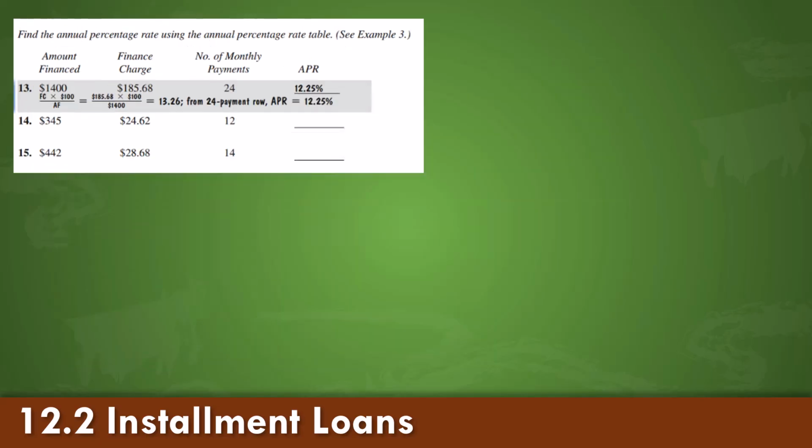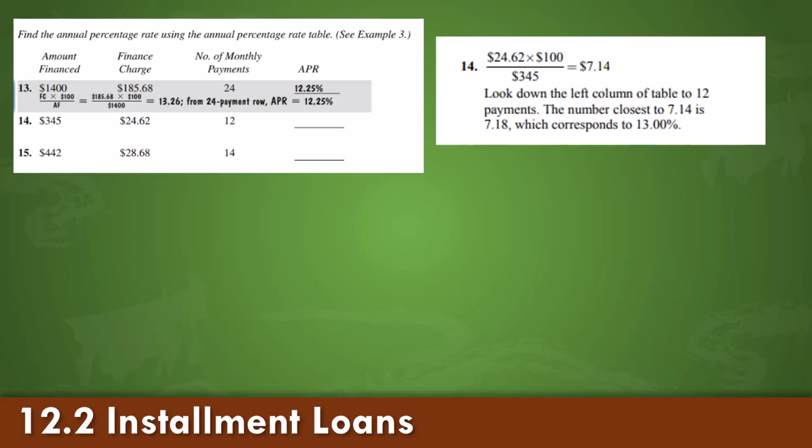In 12.2, we also discussed finding the annual percentage rate using the annual percentage rate table. This is the table located in your text. So, for example, in this case here, the amount financed, the finance charge, and the total payments can be found with the following. Finance charge times 100 over AF.